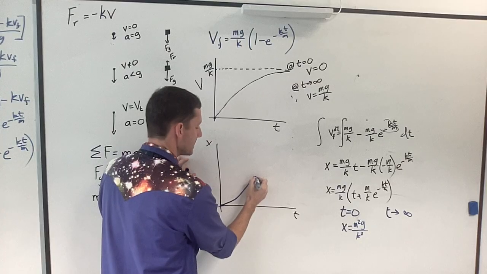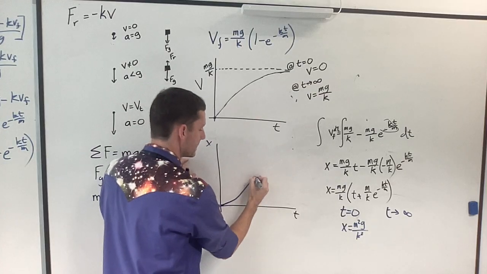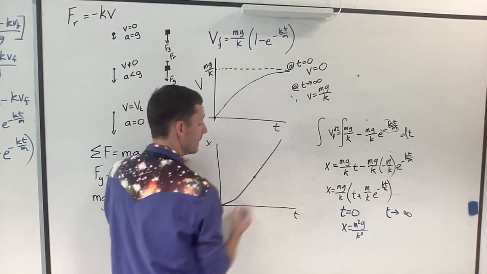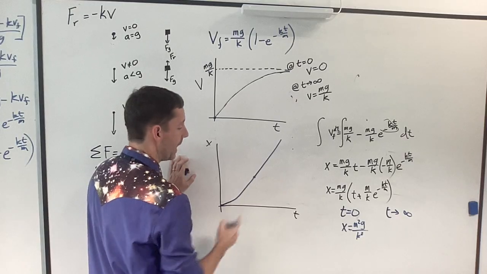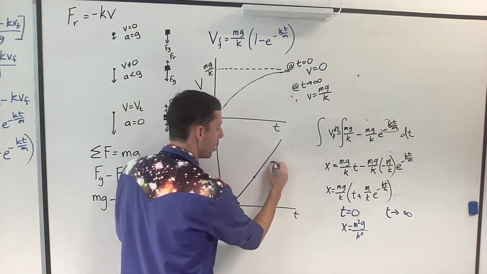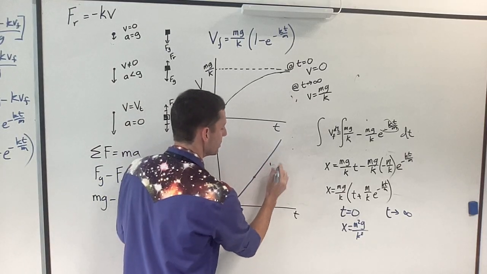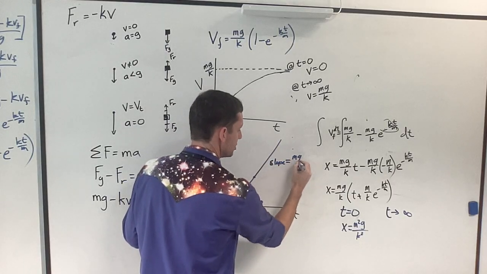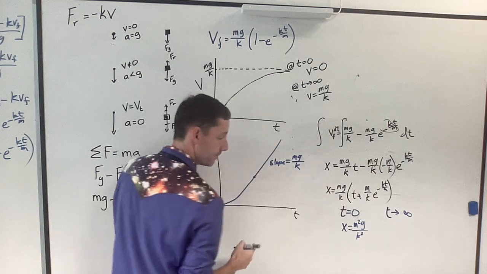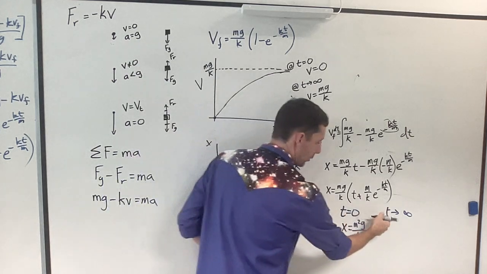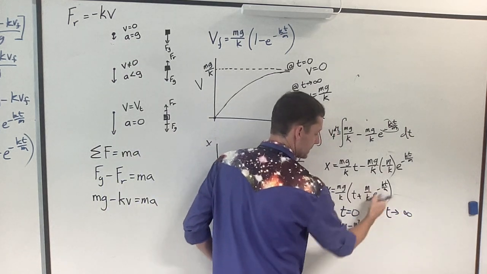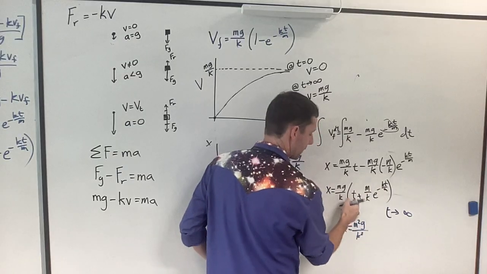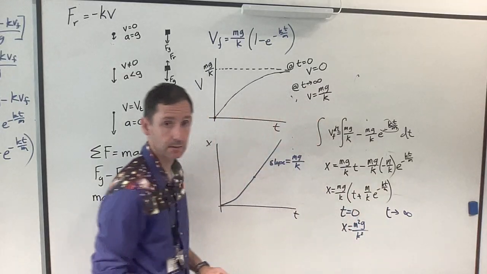And then at some point, when I hit my terminal velocity, I'm now going to have a linear graph. Now, the slope of that, I should probably just write slope, is equal to mg over k. Because remember, as t approaches infinity, this becomes 0. And so therefore, I just have mg over kt.